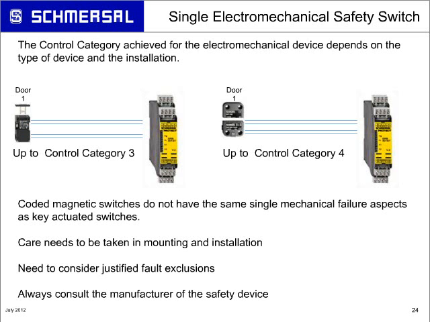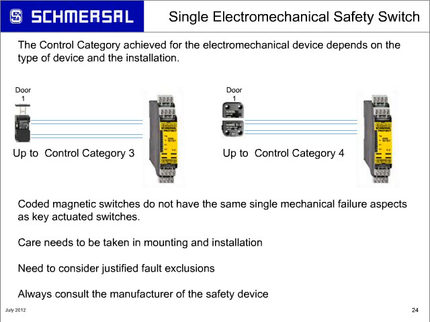If an actuator can break off of a door and just sit on top of the switch, the most you're going to achieve is a control category 3 because you still have some mechanical failure. But if the actuator is upside down, for example, if it breaks or it gets sheared off, it's just going to fall to the ground. It's not going to stick to the switch for that particular failure capability.